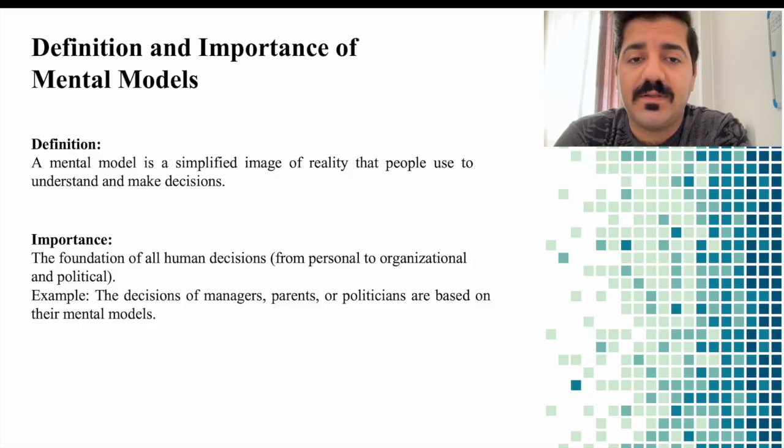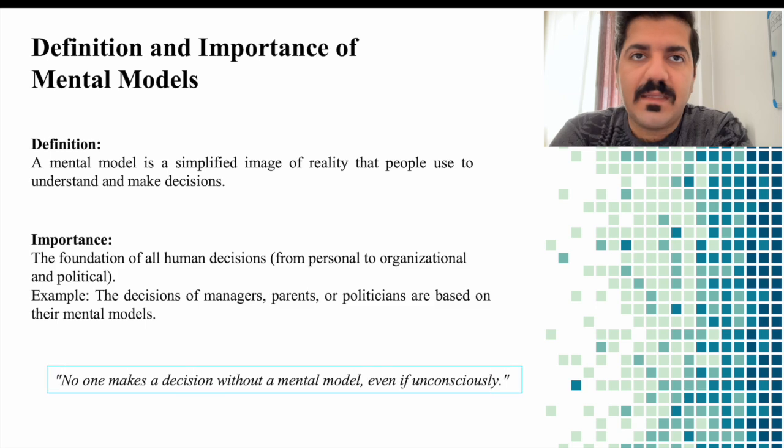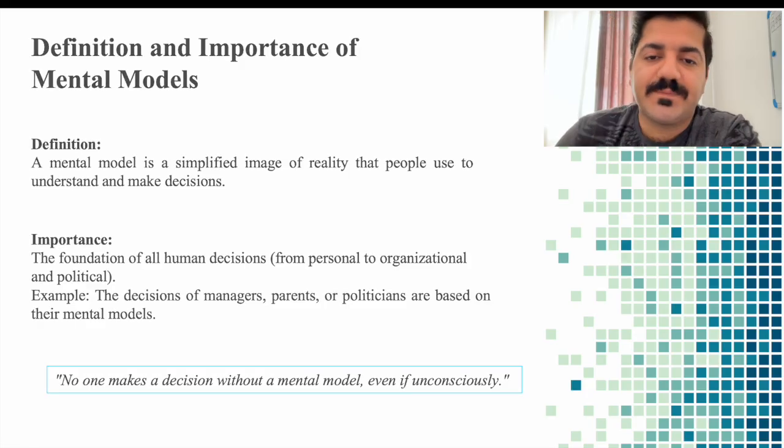That's their mental model. What's the big idea? No one makes a decision without a mental model, even if they don't realize it. But these thinking tools are simple, so sometimes they are wrong. If we notice our mental models, we can fix them and decide smarter.